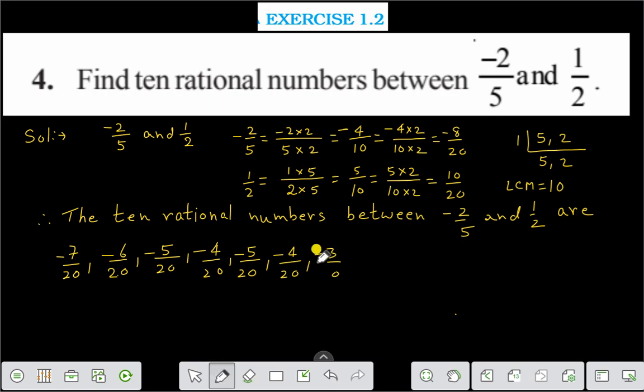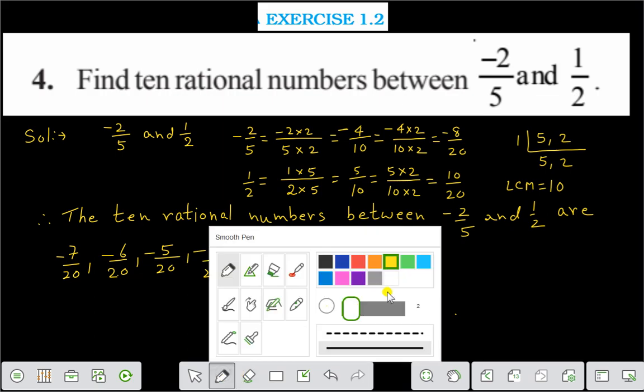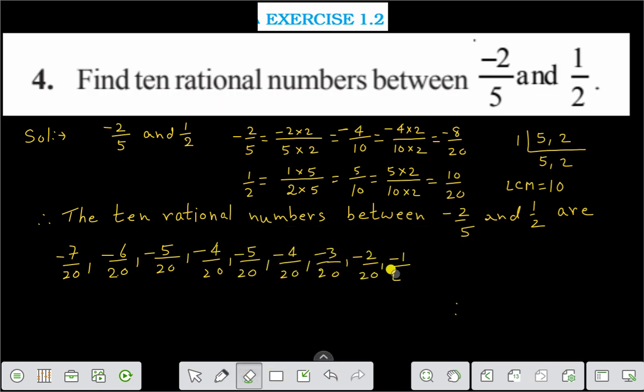Minus 2 by 20. Minus 1 by 20. Next is 0. Next is 1 by 20. The next number is 2 by 20.